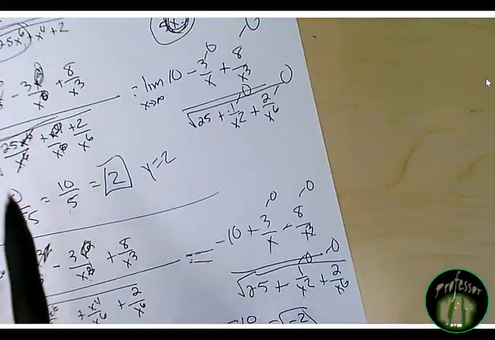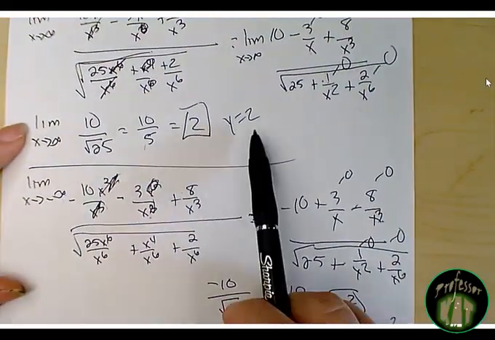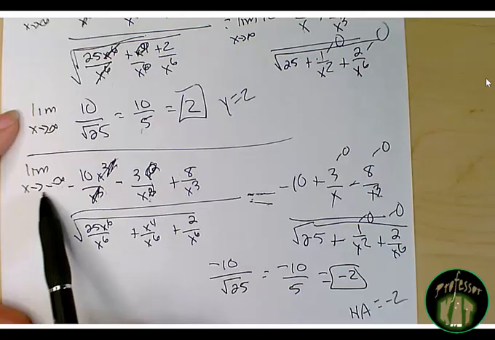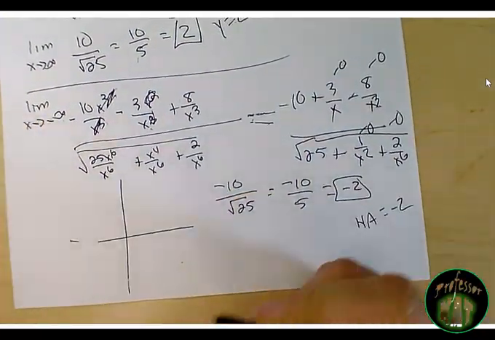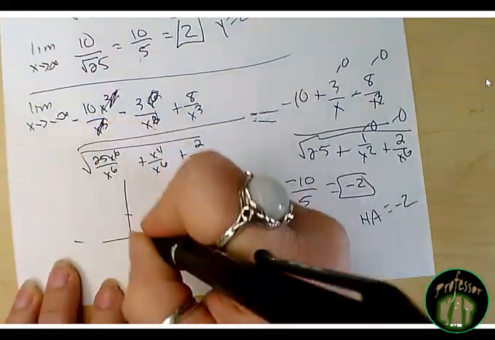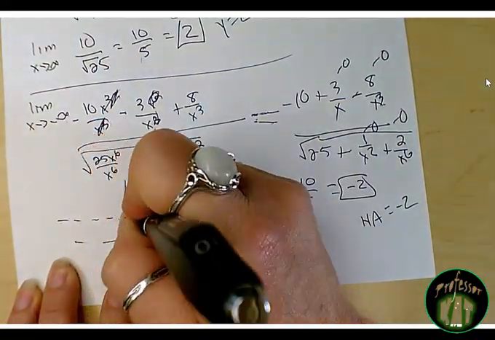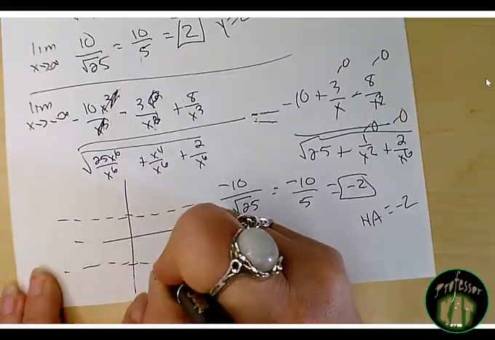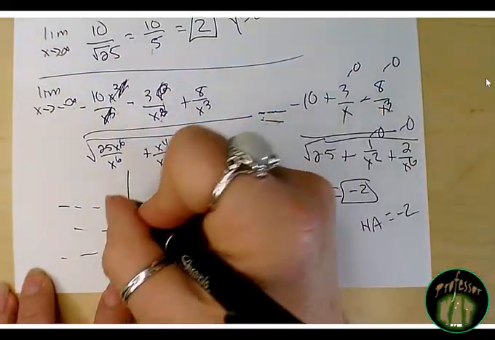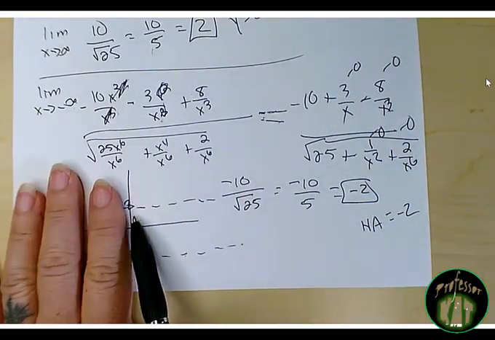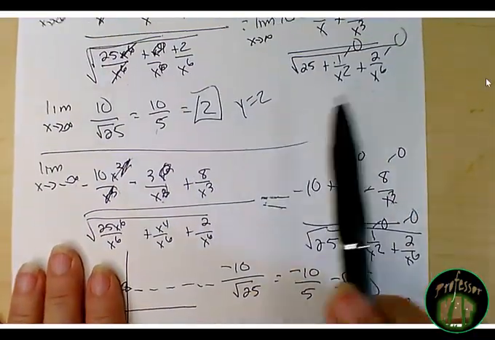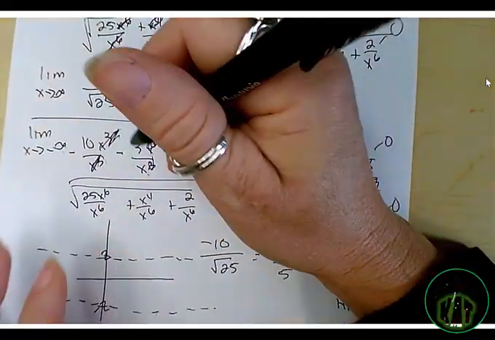So the limit as x approaches positive infinity is a positive 2. The limit as x approaches negative infinity is a negative 2. So we have a positive 2 and a negative 2 for our horizontal asymptotes. So we know as x goes positive, it's going to approach this positive 2 here.